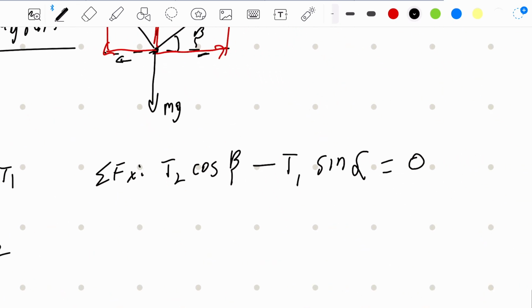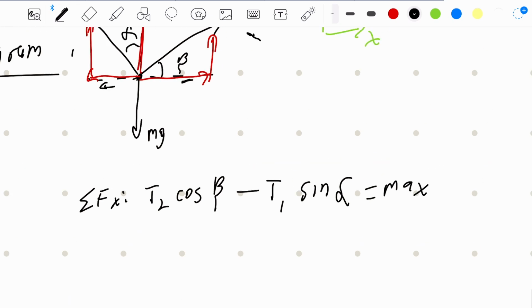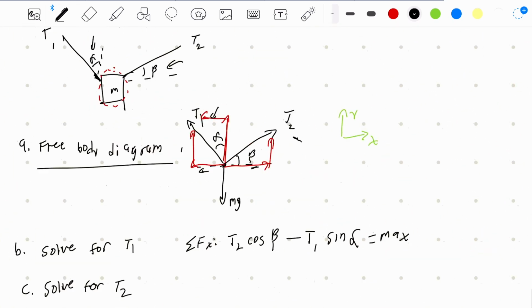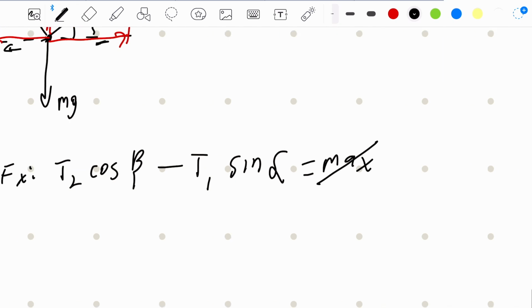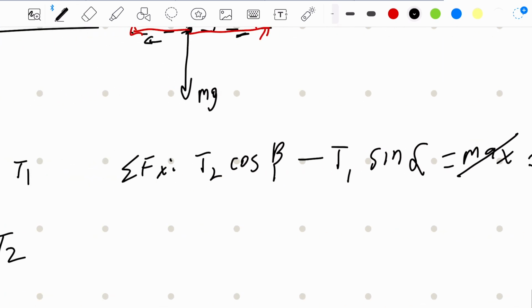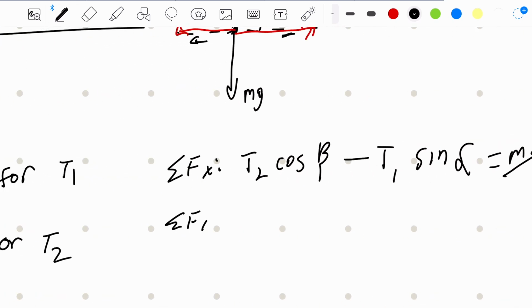So you could write max if you'd like, but if it's not moving, we know it's not moving because the actual question says it, then this acceleration goes to 0, which means this whole side just equals 0. Now let's write the sums of forces in the y direction.